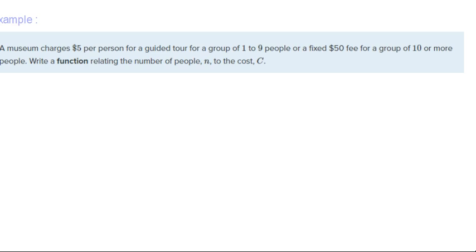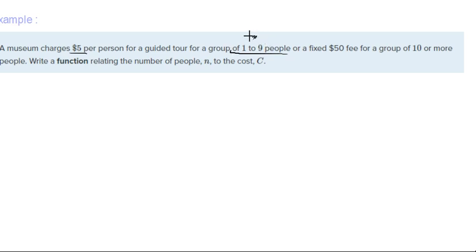This is how we write and evaluate the piecewise function. There's another example of a piecewise function. A museum charges $5 per person for a guided tour for a group of 1 to 9. This is the domain for the group.